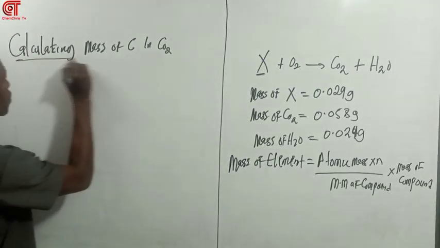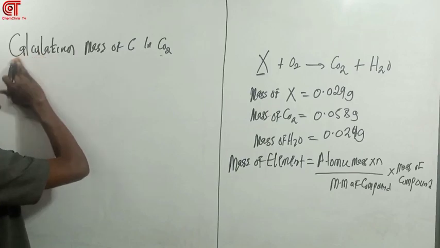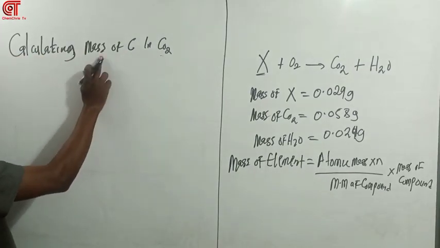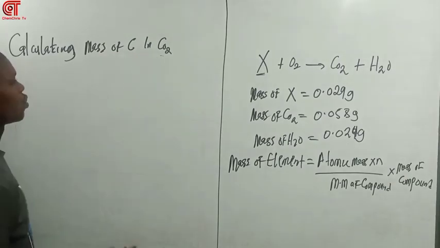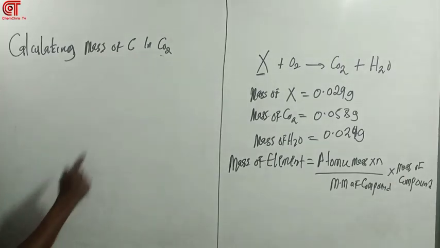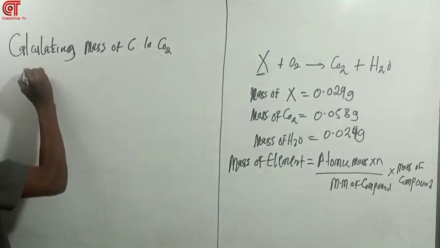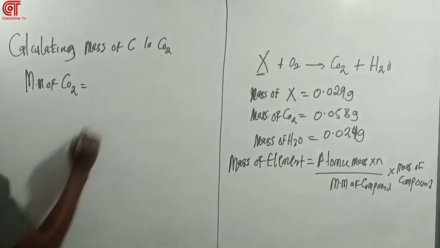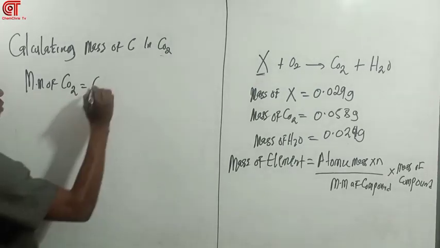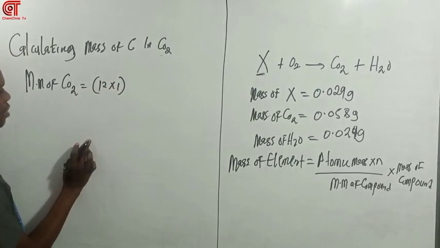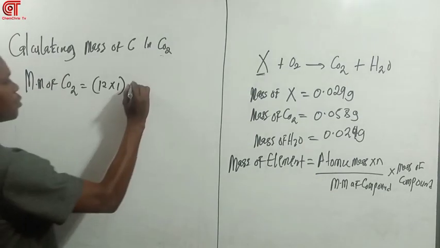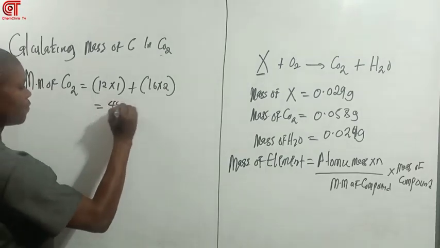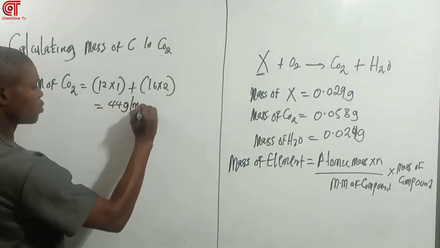The first thing to do is to calculate the molar mass of CO2. The molar mass of CO2 is equal to the atomic mass of carbon, 12, times 1, because the number of atoms of carbon is 1, plus 16 times 2. That is going to be 44 gram per mole.